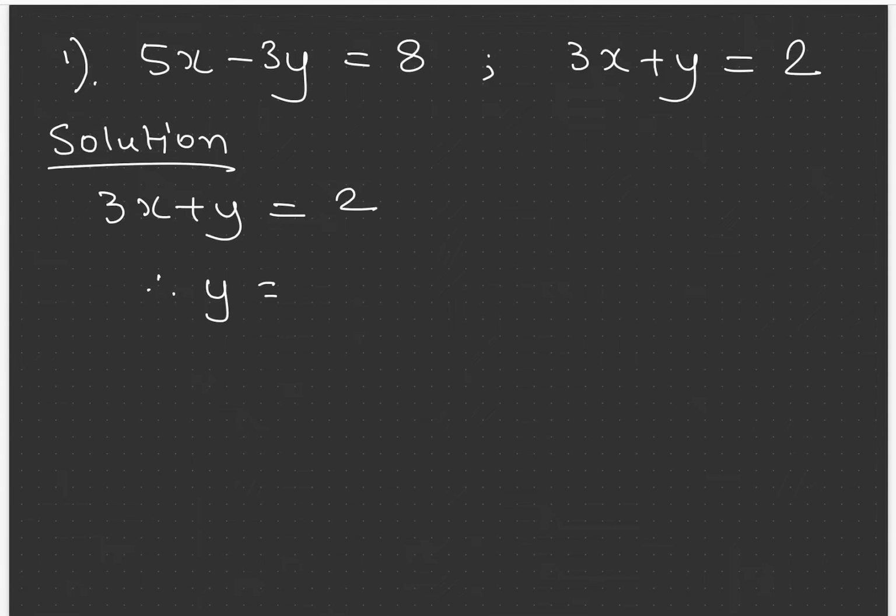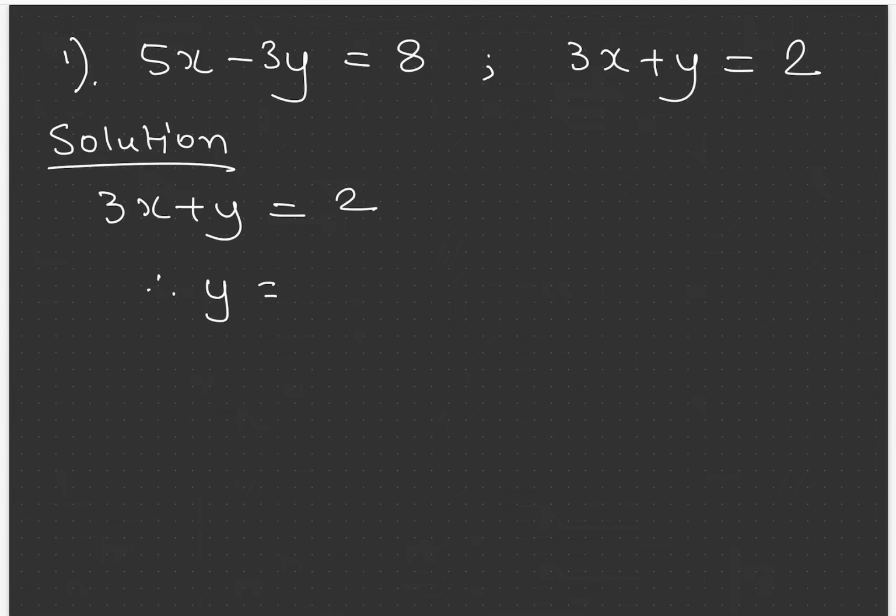Okay. Now I'll write the other equation. The other equation given is 5x minus 3y is equal to 8. I'll put that value here. So I can write substituting equation 1 in equation 2.